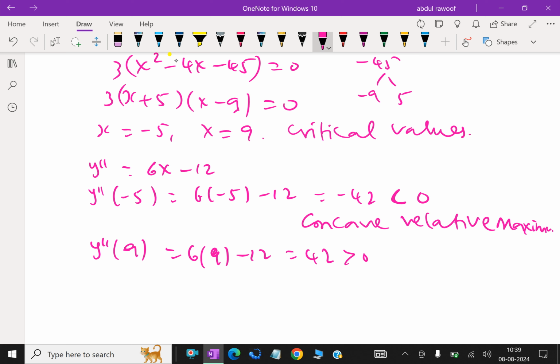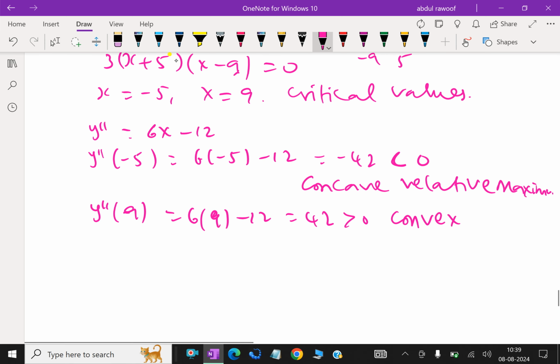Which is greater than 0, this is convex and relative minimum.